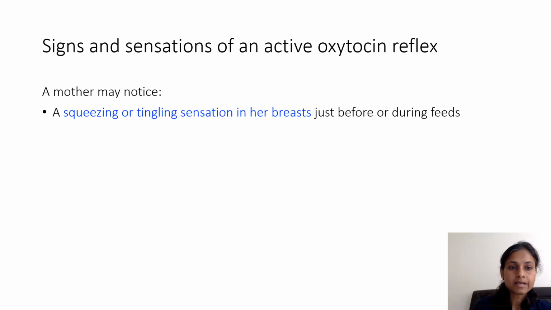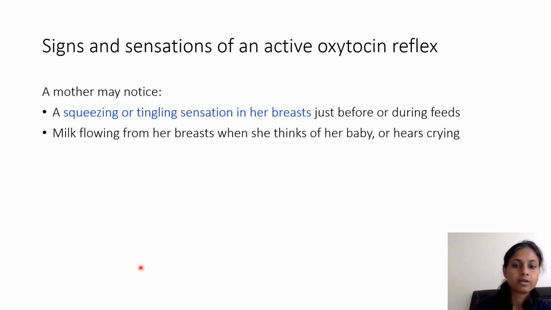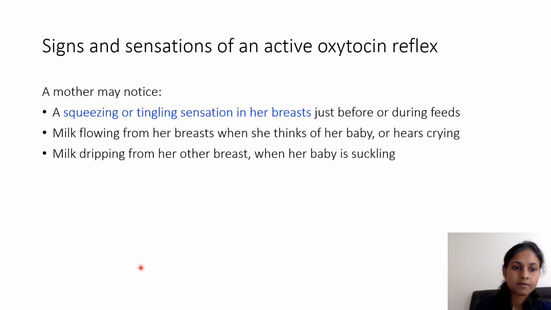So there are some signs and sensations for this active reflex, the oxytocin reflex. The mother may notice a squeezing or tingling sensation in her breast just before or during a feed, or milk flowing from her breast when she thinks of her baby or hears crying.